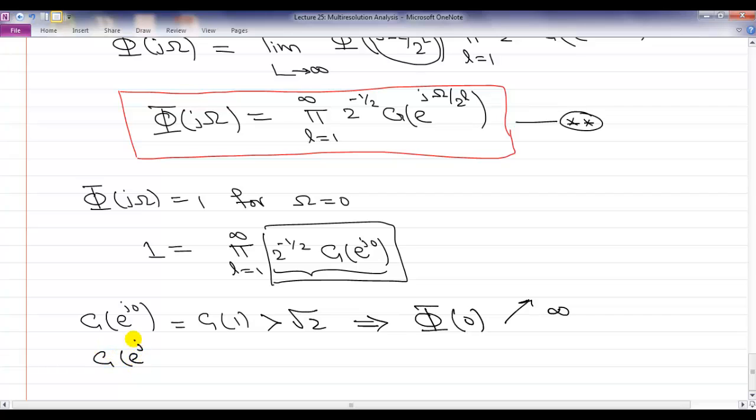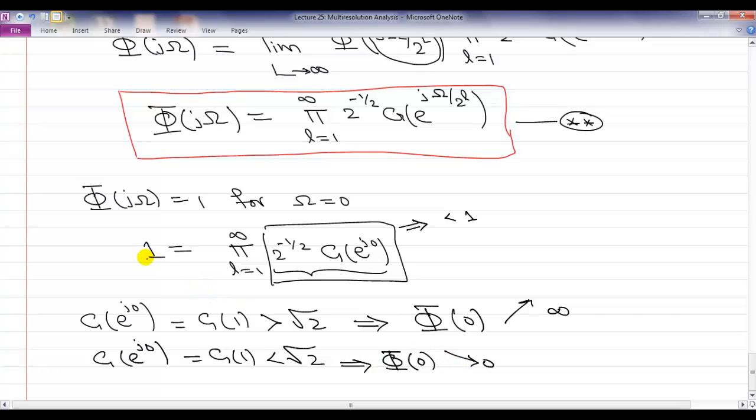Similarly, if g of e to the j0 was less than square root of 2, then this term will be less than 1. And now you are multiplying an infinite amount of terms which are less than 1. What do you get? That will converge to 0. So in that case, phi of 0 will go down to 0.